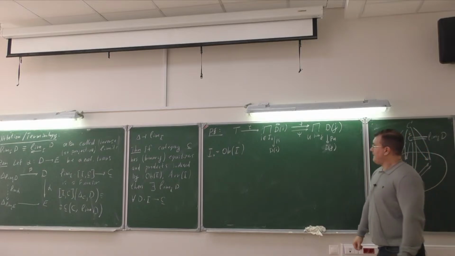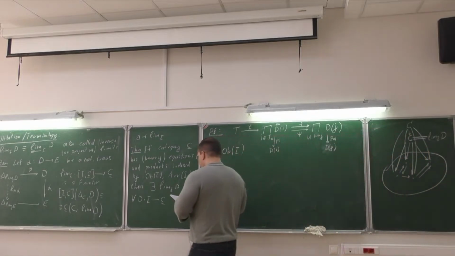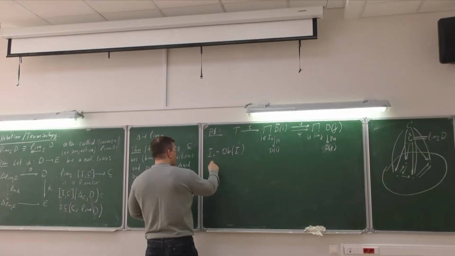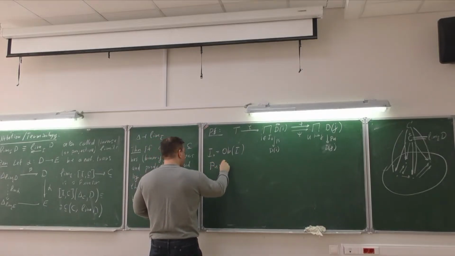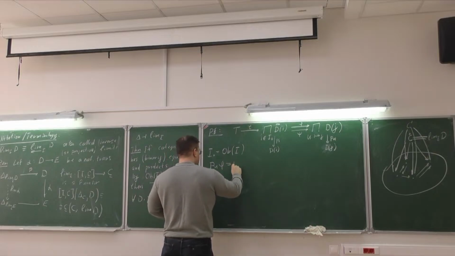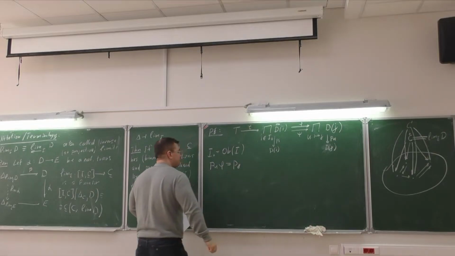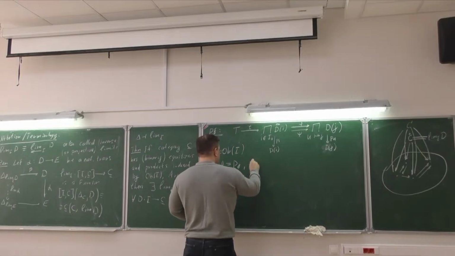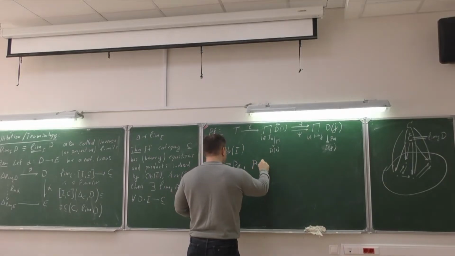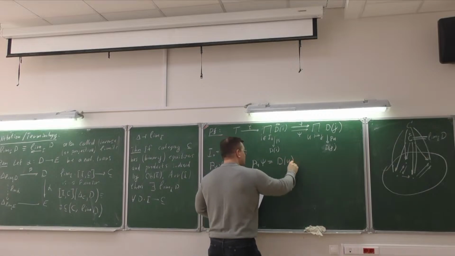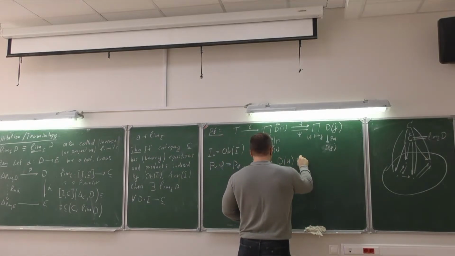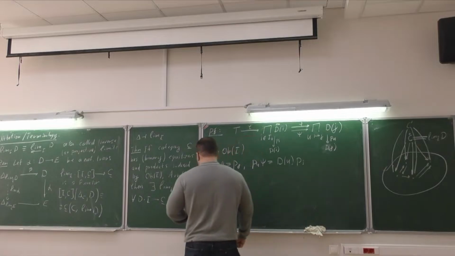Let me say that by definition I want the composition of the projection pu with the map phi to be the same thing as the projection pj. And I want the composition of the projection pu with the map psi to be the composition of d of u with pi.